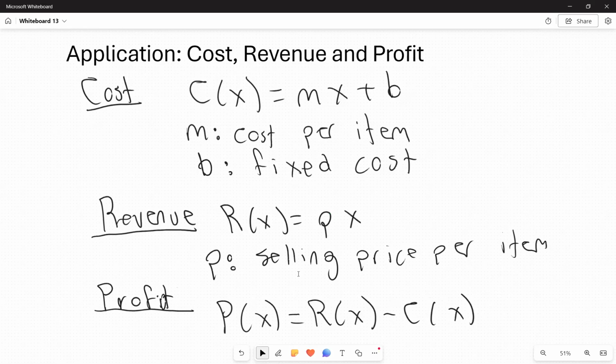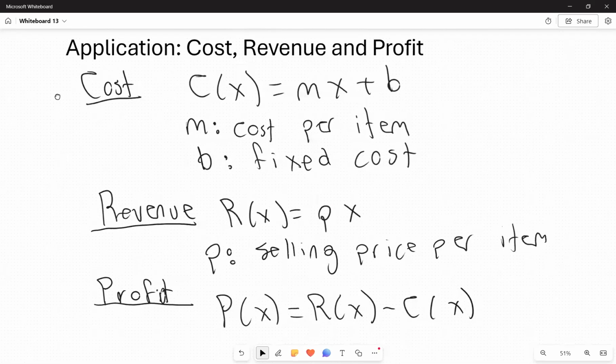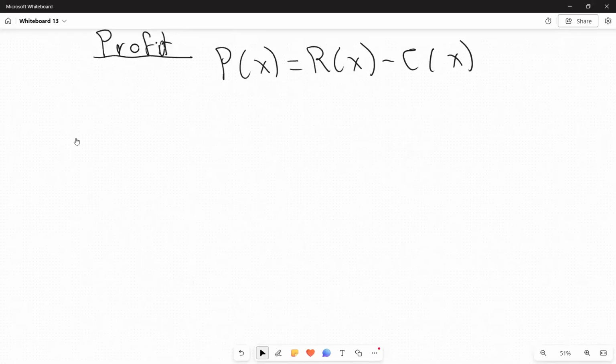So we're going to go over number 78 on page 230, or that's actually 232. Okay, so these are the directions.